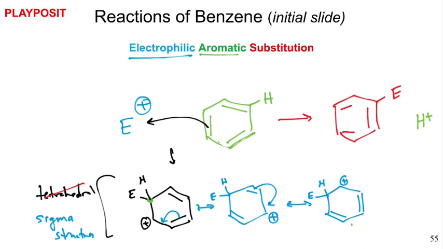The rest of them have pi bonds also, or at least some pi capability. The last step of the reaction, we want to reform our pi bond by removing the electrons from that carbon-hydrogen bond, and we would get to our final answer. Kind of, sort of? Okay. That's the process of electrophilic aromatic substitution.